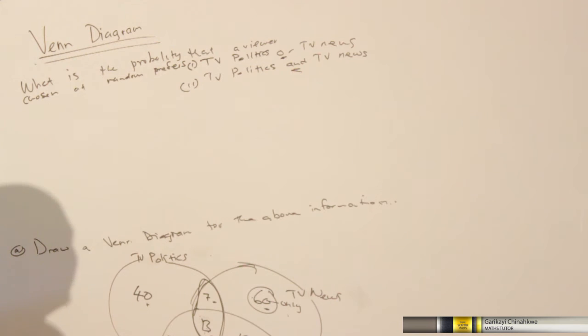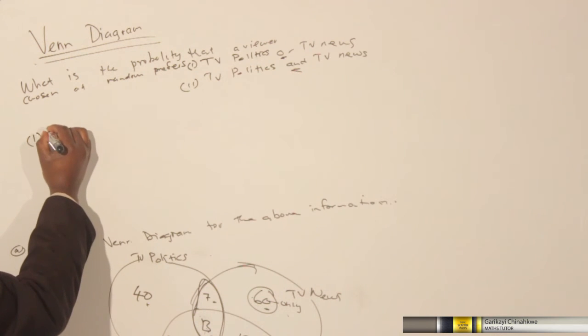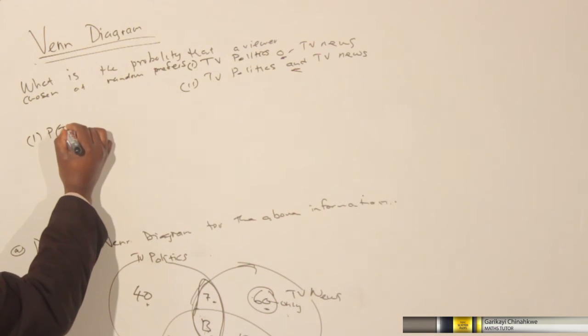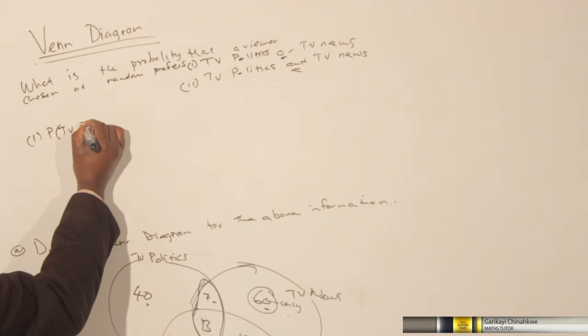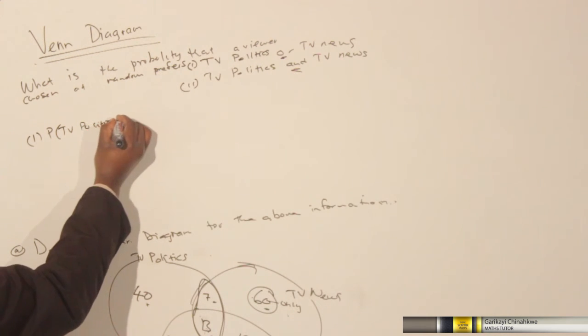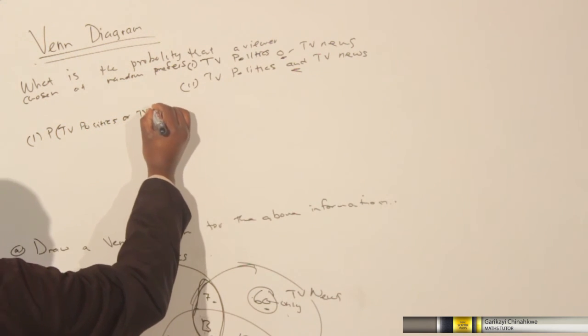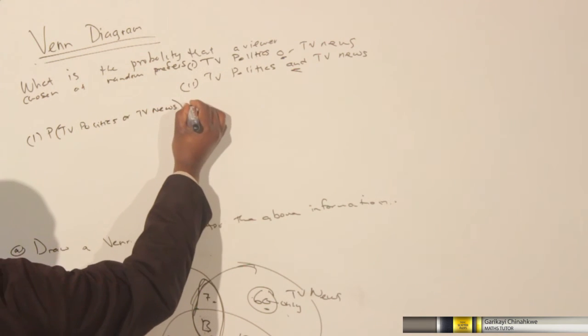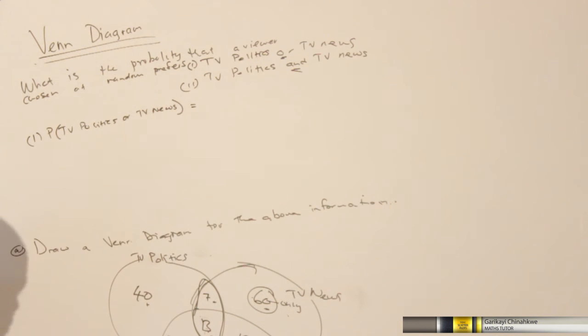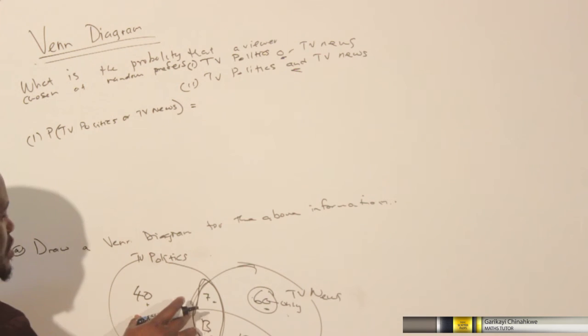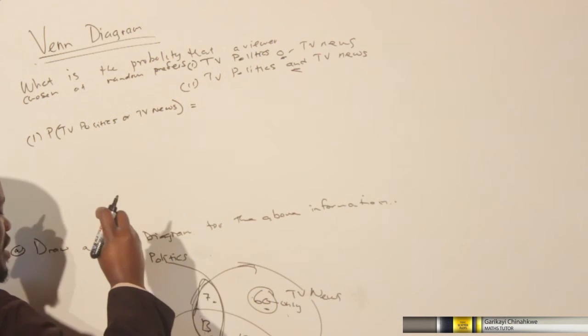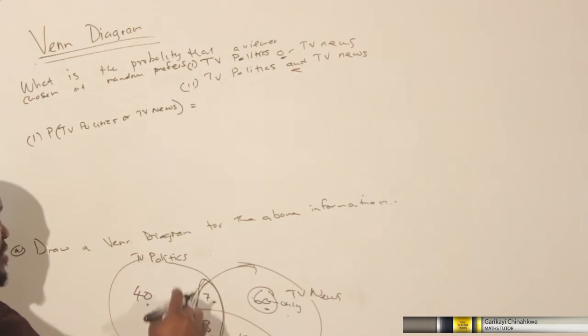Part 1, which is the probability of TV politics or TV news. If they say or, it means you are including everything.